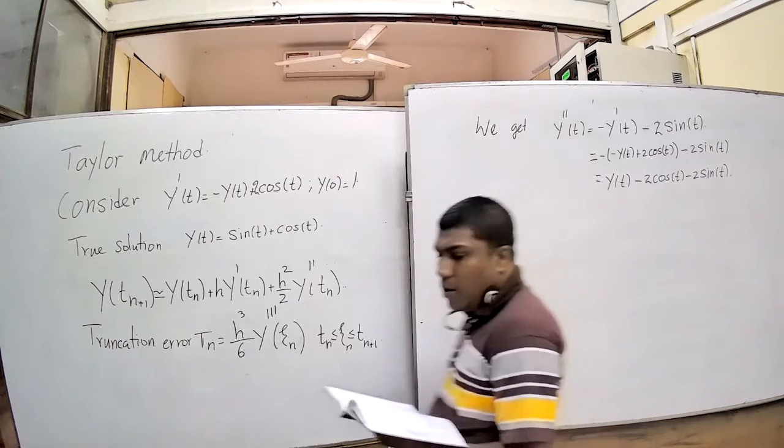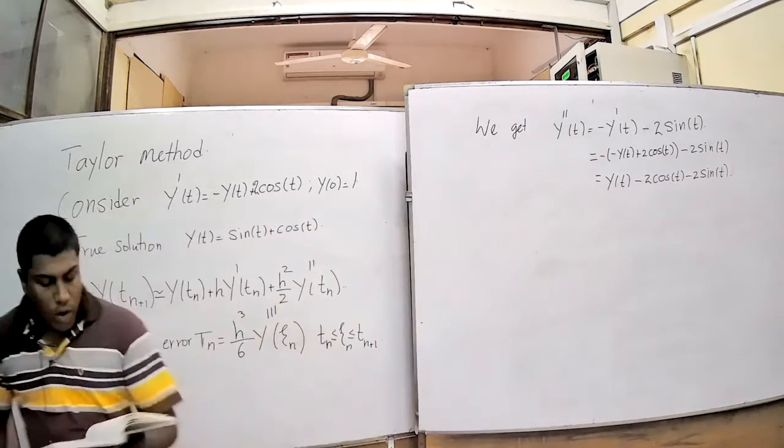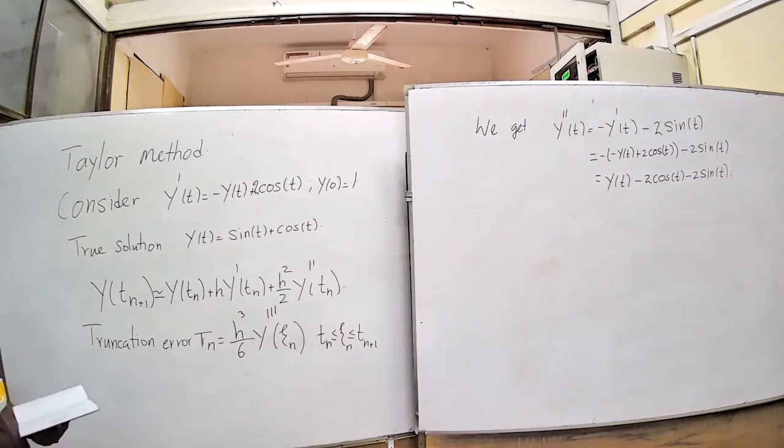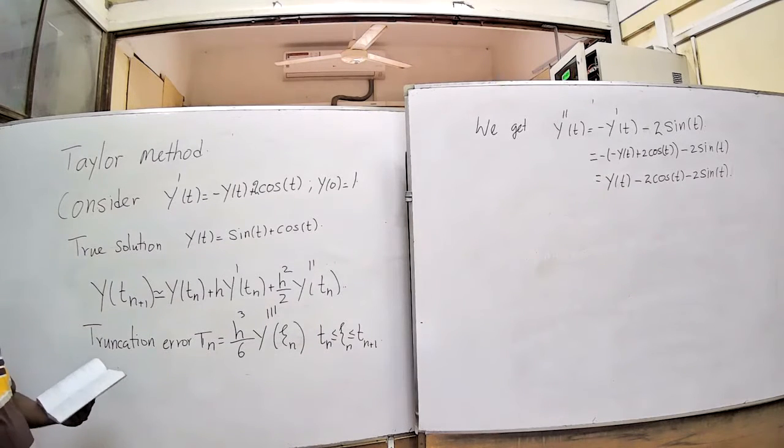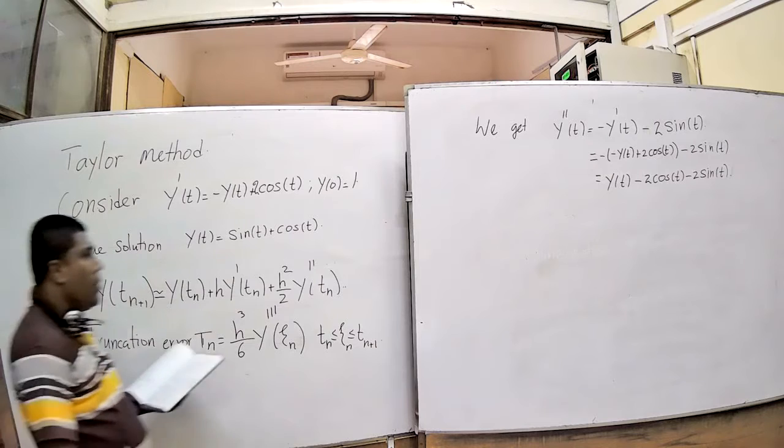So you evaluate y double prime, and you already know y prime, so you can substitute here.